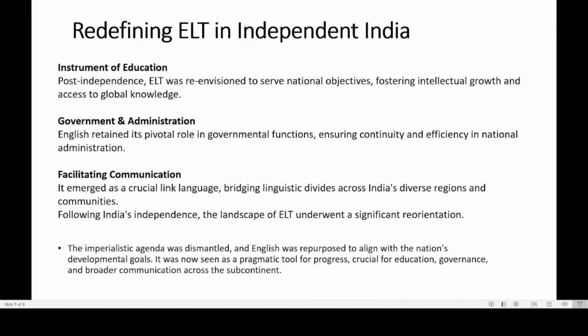English retained its pivotal role in governmental functions, ensuring continuity and efficiency in national administration. And the third role was the linking language. English acted as a link language in our country, bridging linguistic divides across India's diverse regions and communities. So we can say that after independence, English language teaching underwent a significant reorientation.